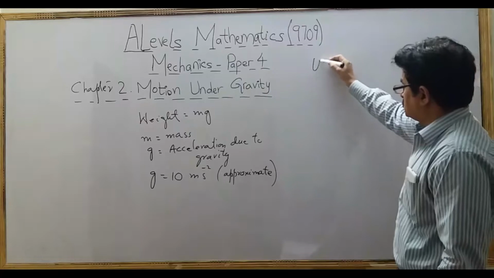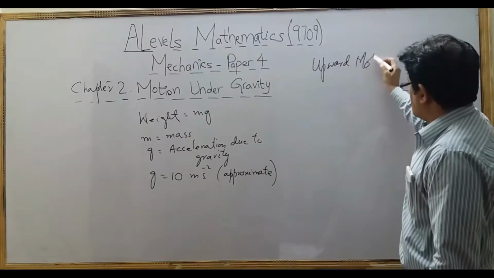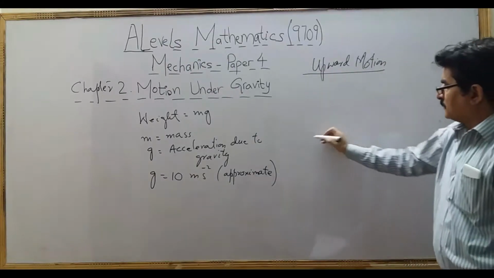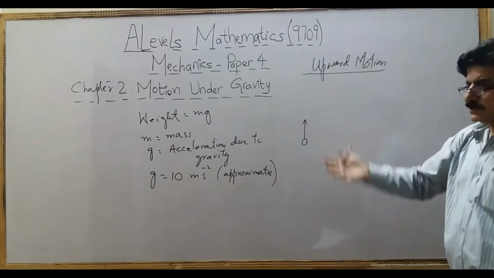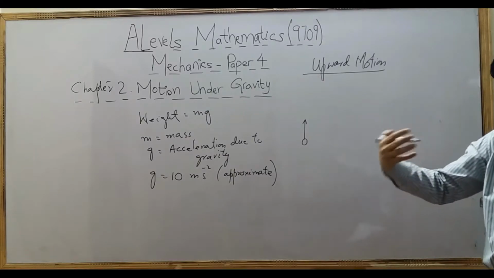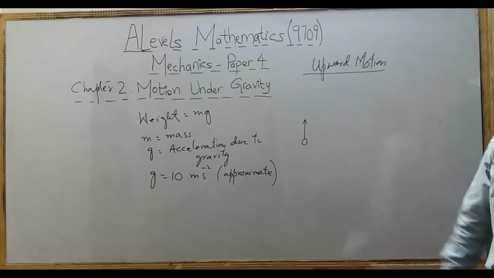Now we have upward motion. Now when a particle is thrown vertically upward, we have to give some velocity, or we can say that we have to give it some kinetic energy.